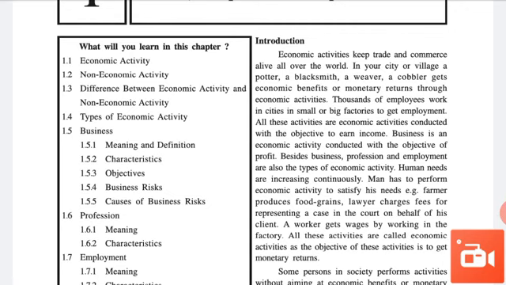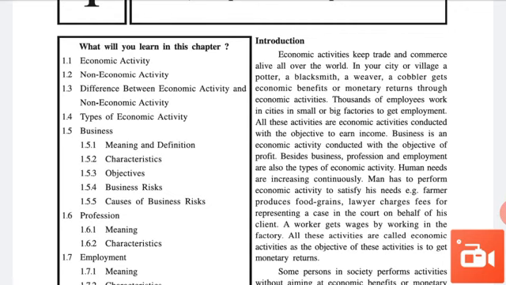Economic activity keeps trade and commerce alive all over the world. In your city or village, a potter, blacksmith, weaver, cobbler gets economic benefits or monetary returns through economic activity. Thousands of employees work in cities, in small or big factories to get employment. What is economic activity?